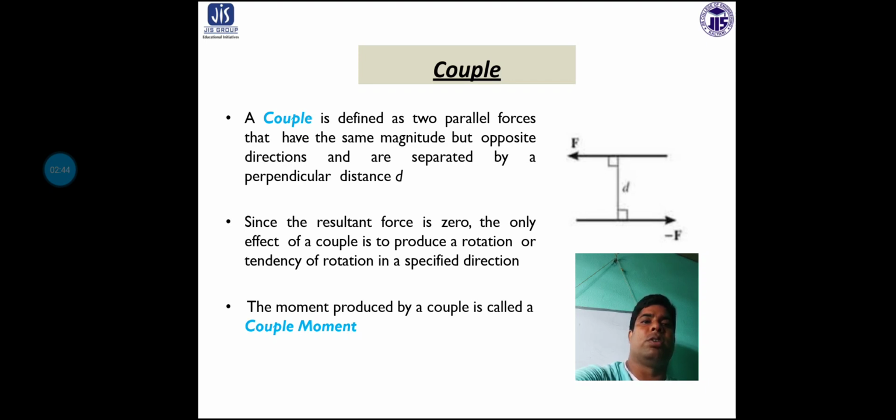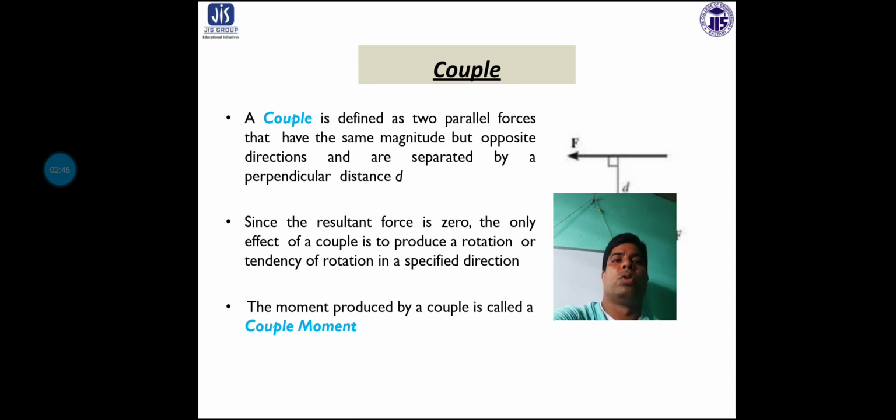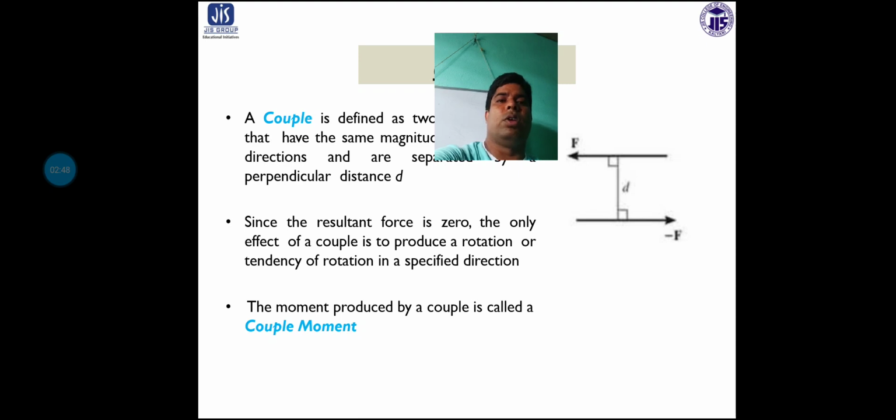Since the resultant force is 0, the only effect of a couple is to produce a rotation or tendency of rotation in a specified direction. The moment produced by a couple is called a couple moment.